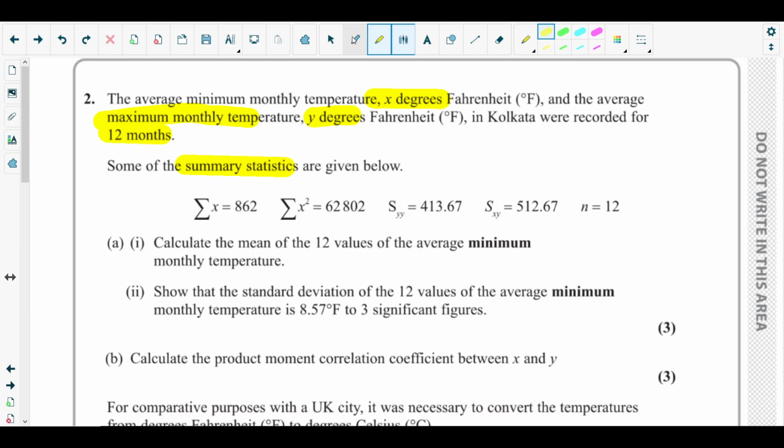Part A asks us to calculate the mean of the 12 values of the average minimum monthly temperature.